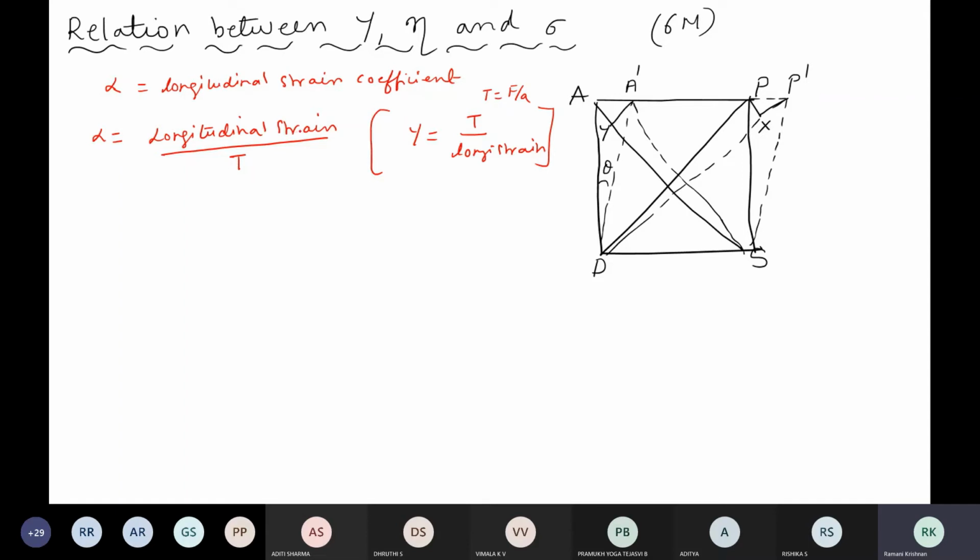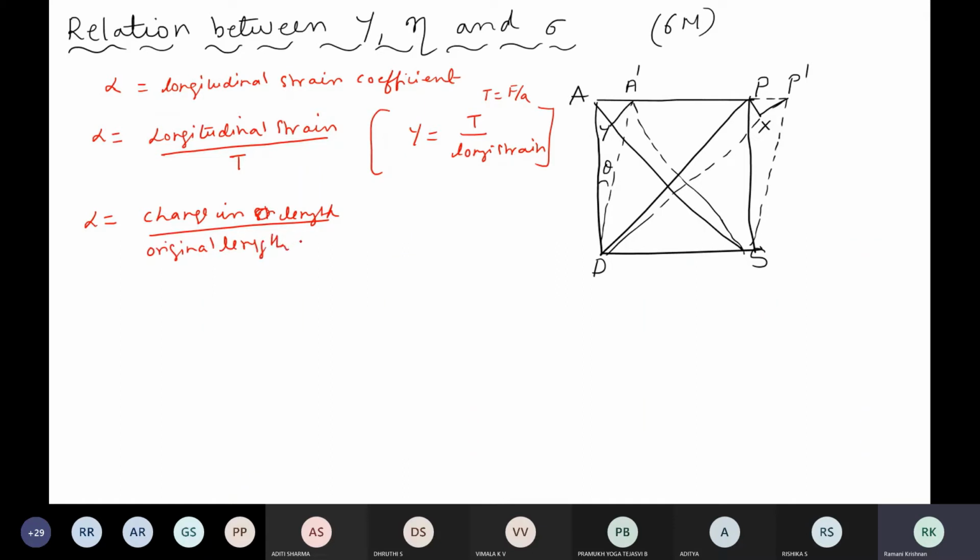Now see here, what is longitudinal strain? Strain means change in length to the original length. Here you need a little attention.